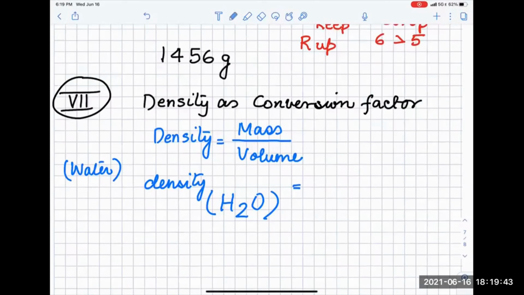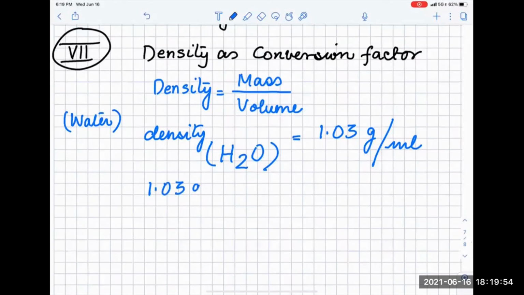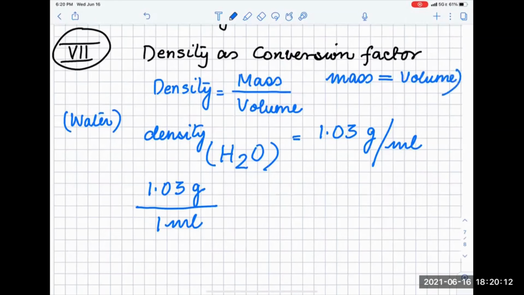What does this mean? This means that 1.03 grams of water equals 1 milliliter in volume. This is what it means, because density is mass over volume. So whatever the amount of mass is, that is equal to whatever the volume comes out to be, for a substance in general.